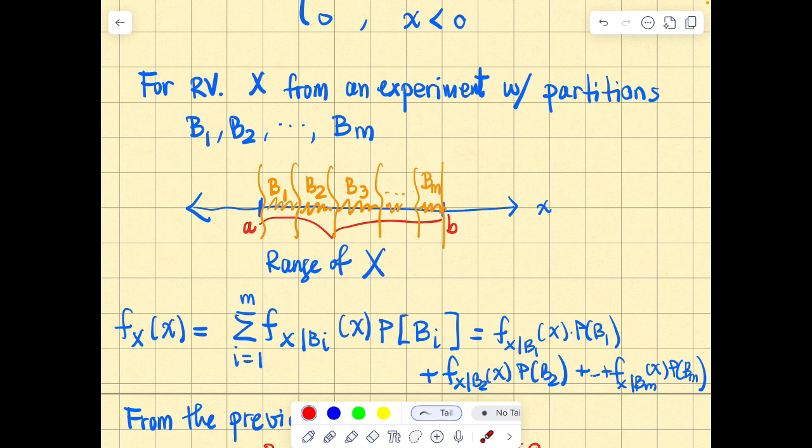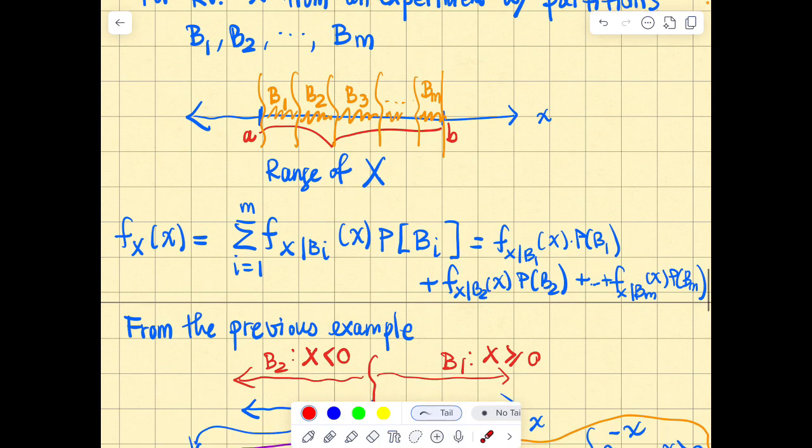Let's say we have small m events that are not intersecting with one another, and also cover everything in this range, right? So we've got B1, B2, B3, and then Bm. Bm is true in this partition, right? B1 will be true in this partition, for example.